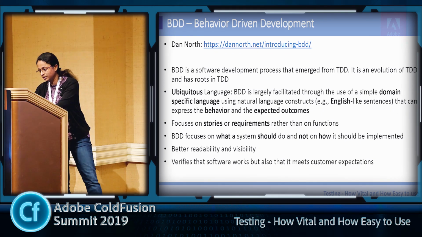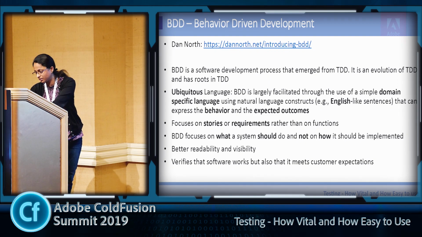So coming back to the earlier example of concatenation, let's look at how we would do it using BDD style. So my tests are still the same, but written now using BDD.